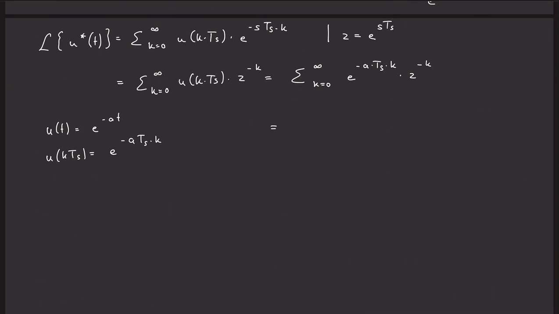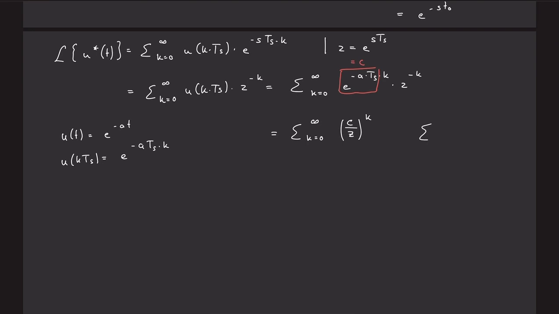Now to make things easier, we will replace this term right here with c and write our series down as c divided by z to the power of k.